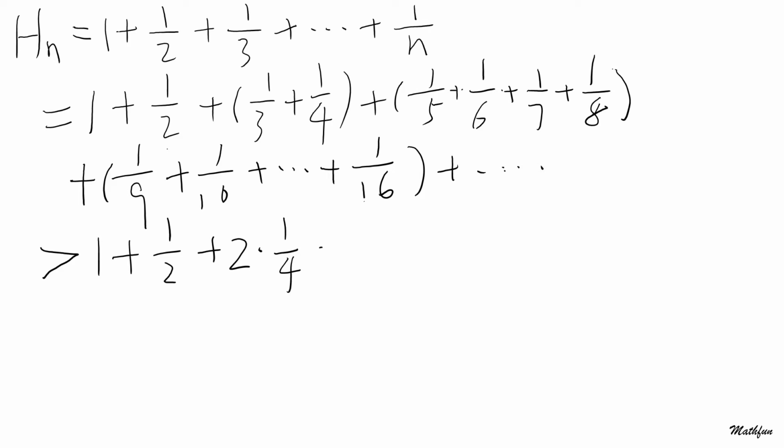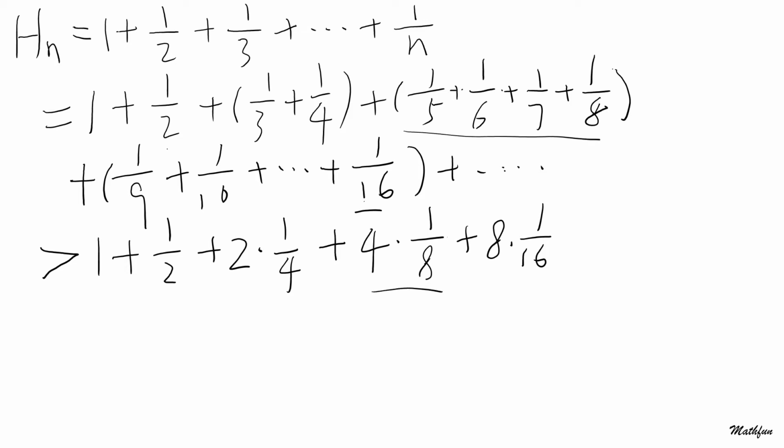Then a quarter plus, now you have 4 numbers times 1/8. And the next one, you have 8 numbers times 1/16. And when we do the conversion from here to here, we go to a smaller number. The same here, and we can continue. Isn't that true?